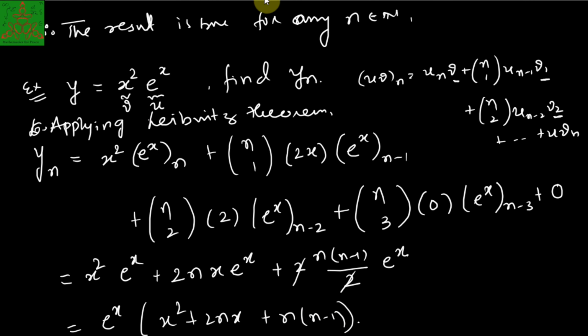Let us do one more example. Let us consider y is equal to x square sin x. Now here again, if you choose sin x as v and x square as u, that will be beneficial because the first time derivative is 2x, second time will be 2, and the third time will become 0.